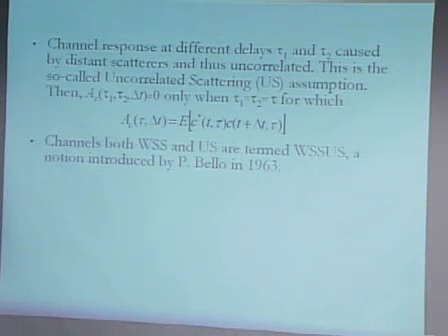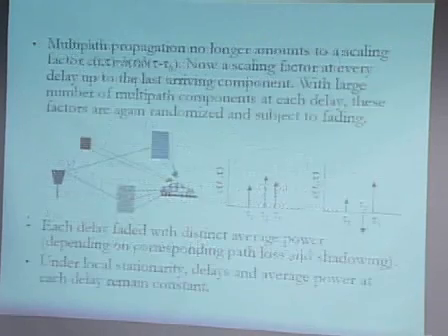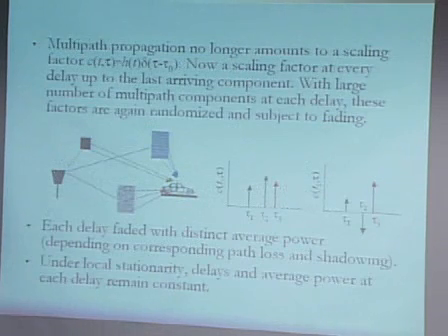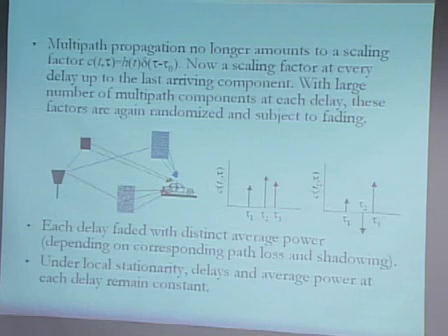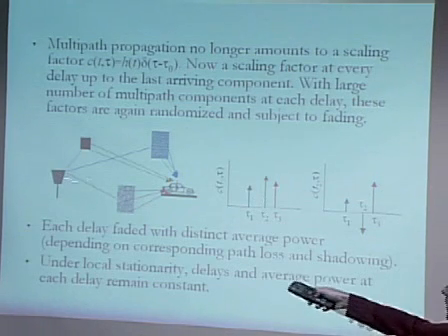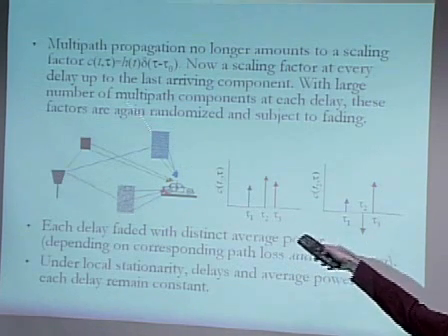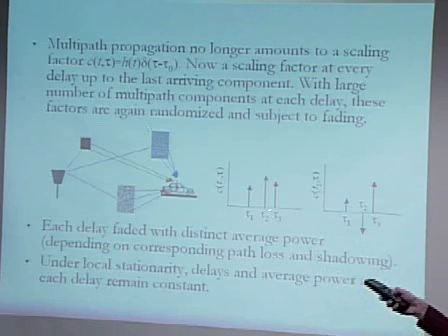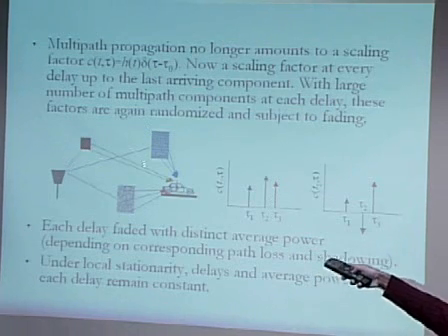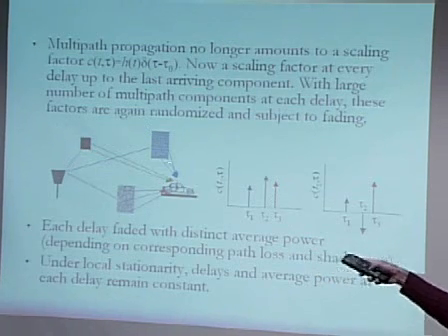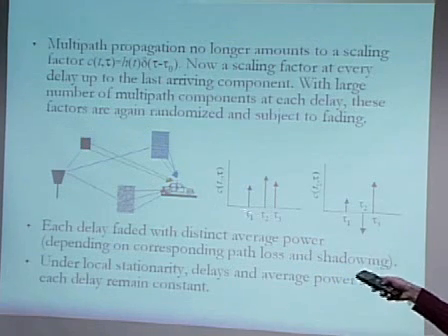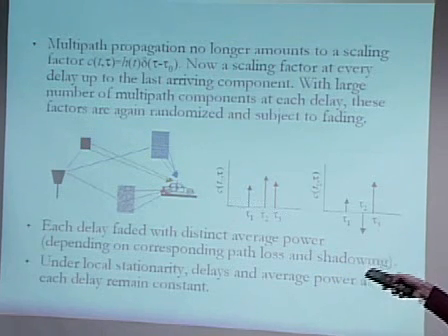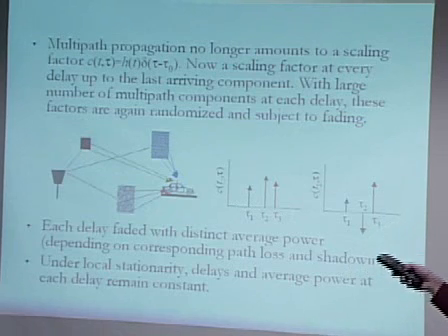And physically, that's quite sensible, since remember that what happens at delay tau 1 has to do with reflections on these blue objects over here. What happens at delay tau 2 has to do with reflections over these objects over here, the green. So these are objects that, since the delays are different, are by definition far away objects.